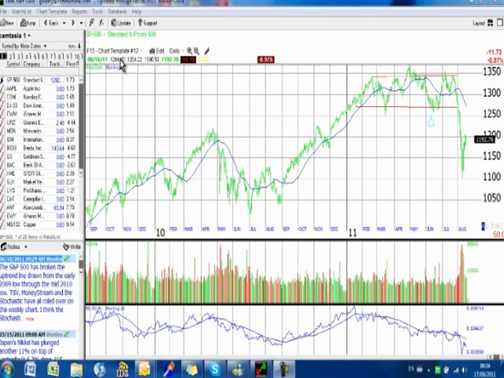The market started here, went to a low here, and ended off the lows, mid-way between the start of the market and the low of the market. So it doesn't really tell us a lot. If you end near the high of the day, even though you're down, that can be a positive sign, and if you end near the low of the day, that can be a negative sign.